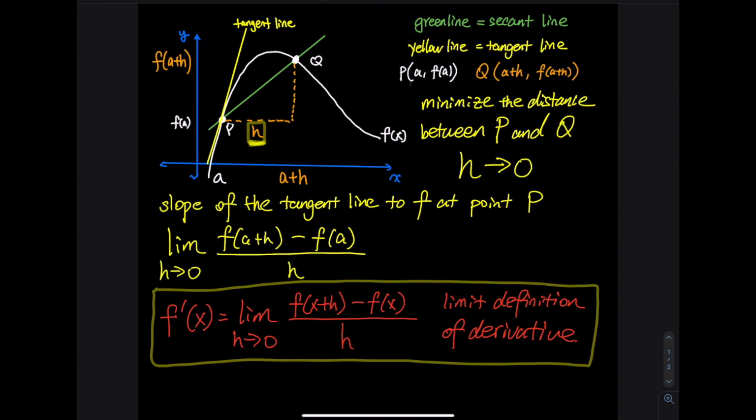After the job is done, we go from a secant line, a green line, to a tangent line, a yellow line. After you shrink the distance between P and Q, the green becomes yellow.